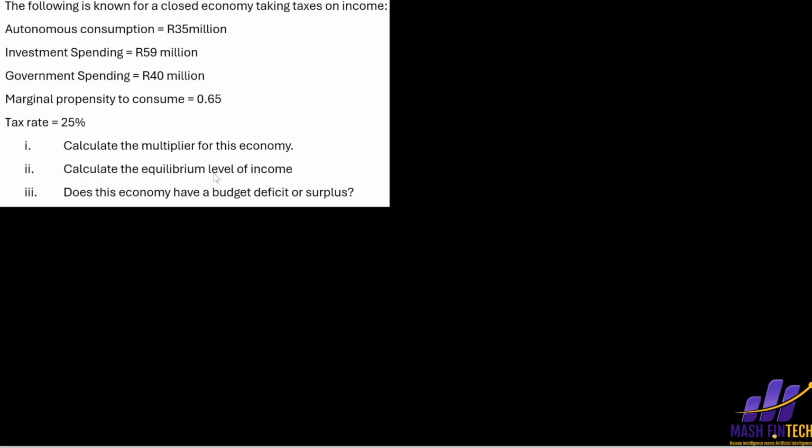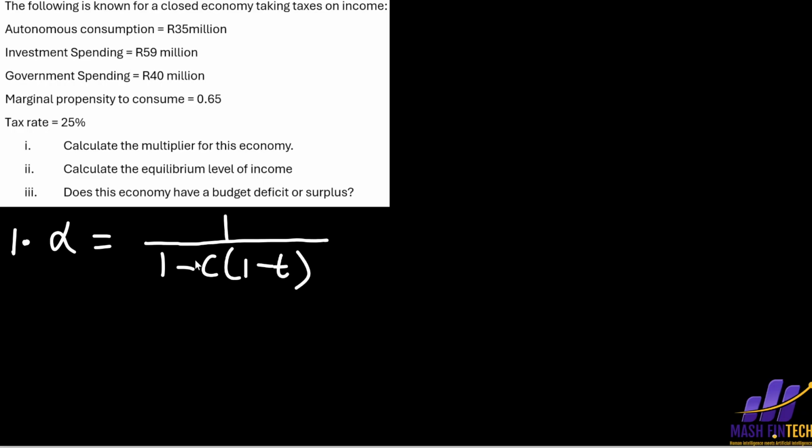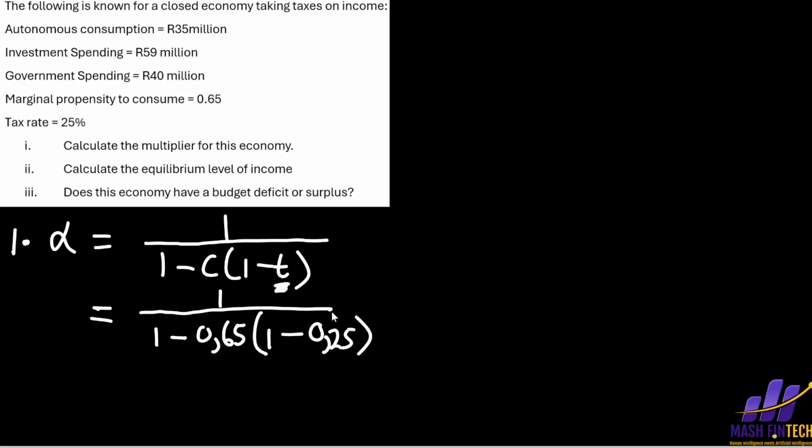So when they say calculate the multiplier, let's do it using the two ways. The multiplier is given by 1 over 1 minus c, 1 minus t. So it's 1 divided by 1 minus, the marginal propensity to consume is 0.65, open bracket, 1 minus the tax rate, 25%, 0.25.